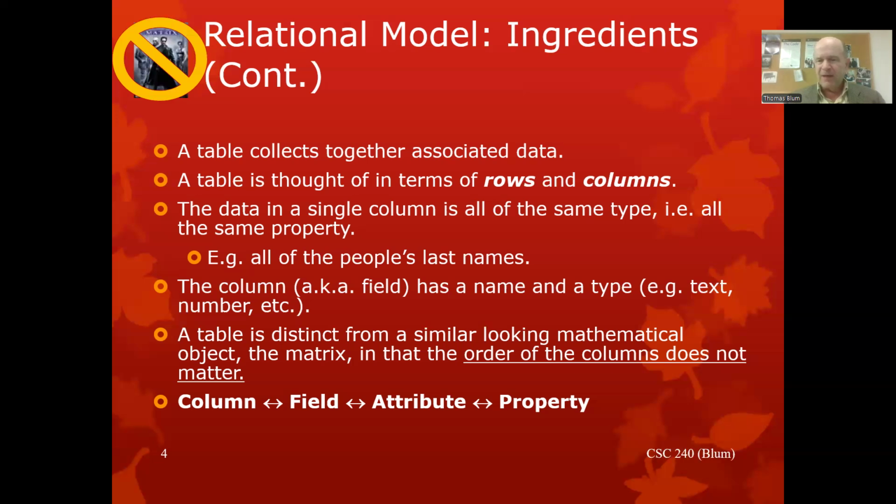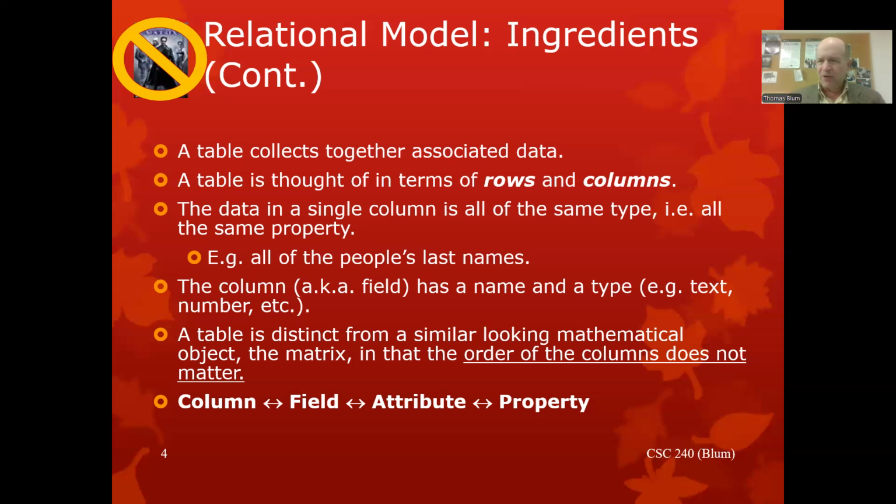But the one thing that makes a relation is that the order of the columns doesn't matter. That would not be true for a matrix. For a matrix, that is an important feature. It is not an important feature of a relation. You can do first name and then last name, or last name and then first name, so long as they're properly labeled. Who cares what order they're in?